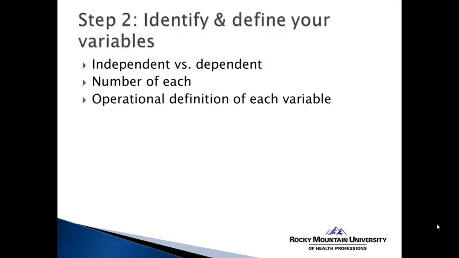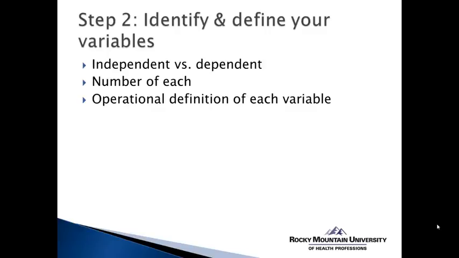Your next step then is to come up with an operational definition for each variable. So for example, if you're deciding that you're going to do some kind of a medication as your independent variable, and maybe you're going to have different dosages of those medications. Or maybe you're going to have different types of medication that you want to compare.